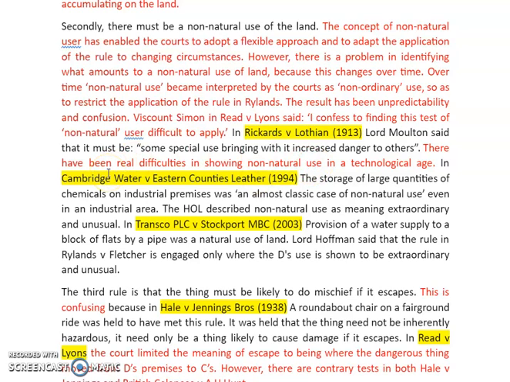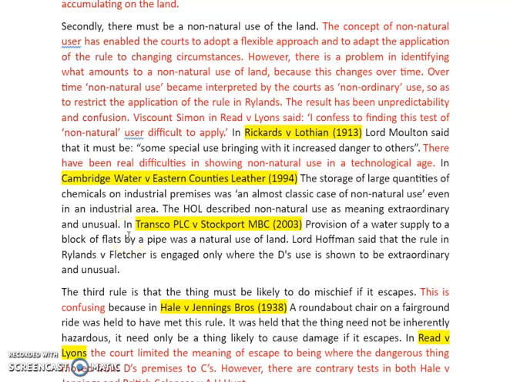So Cambridge Water, you could talk about the fact that chemicals on industrial premises was described as an almost classic case of non-natural use, even though it was in an industrial area. Surely you would expect chemicals in such an area. The House of Lords have described this non-natural use as meaning extraordinary and unusual.